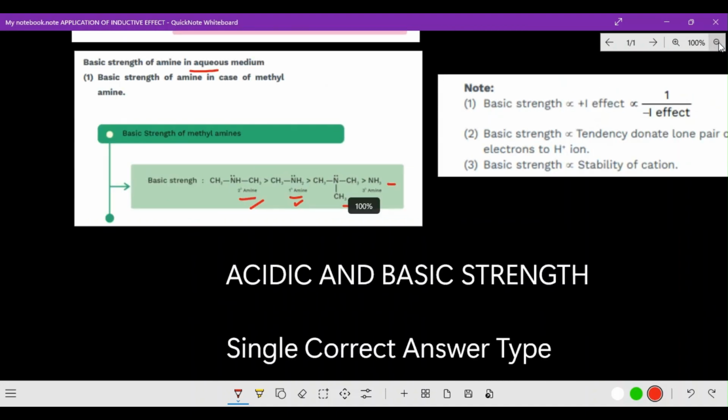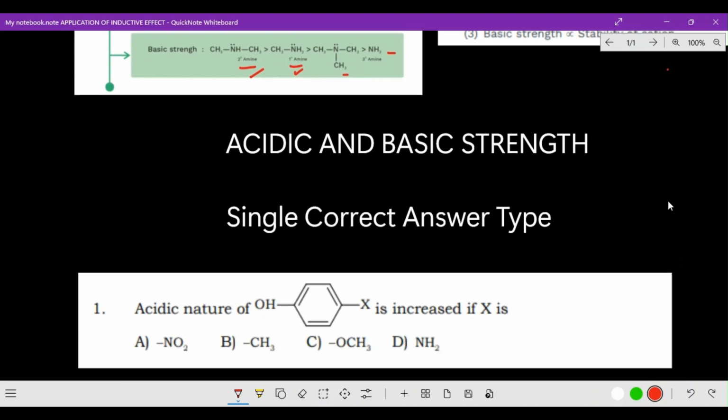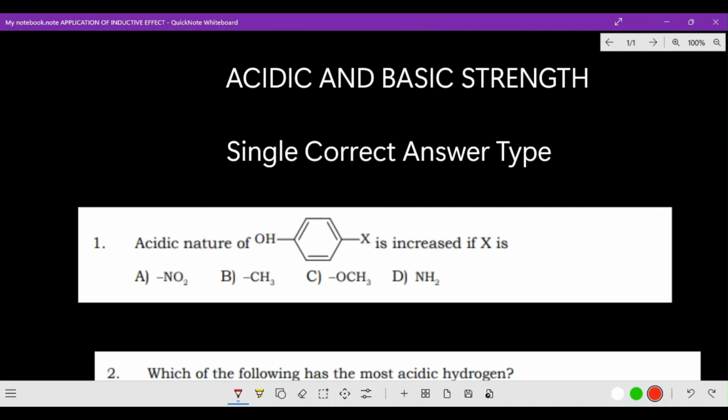questions related to acidic strength and basic strength. Now the first question, acidic strength. The first question is about the nature of OH, with a halogen group attached to the phenol. What does that X mention here? X mentions the acidic nature.